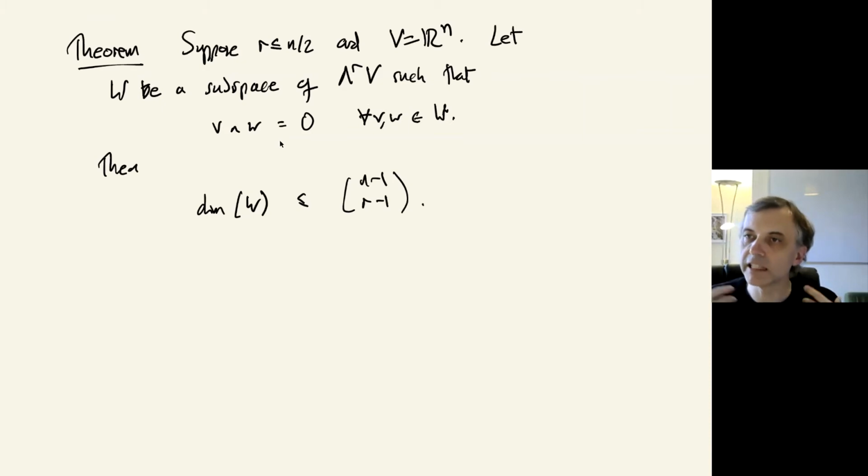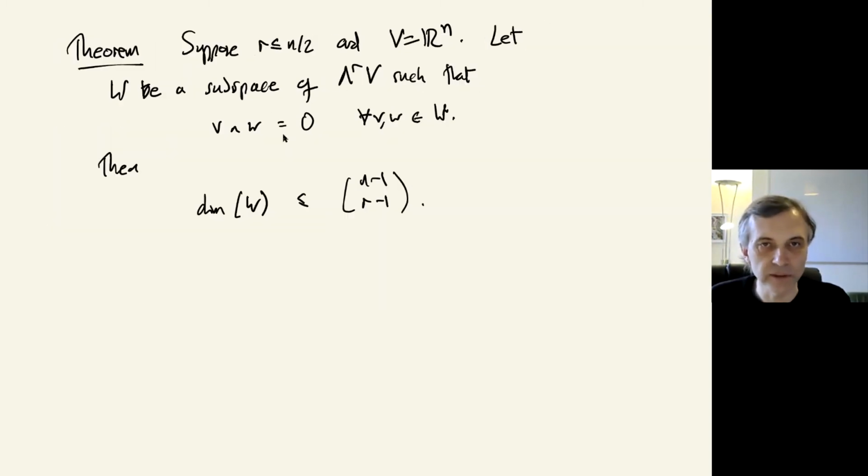If you were dealing with a bilinear form or something like that, these are questions you study in algebra, and we tried to find this, was this well known, and we couldn't find it anywhere. So the question is, what's the largest subspace of the rth exterior power so that every pair has 0 wedge product? Well, the answer is it's at most n-1 choose r-1. And of course, probably everyone now knows exactly how I'm going to do this, exactly what theorem I'm going to mention in a minute.